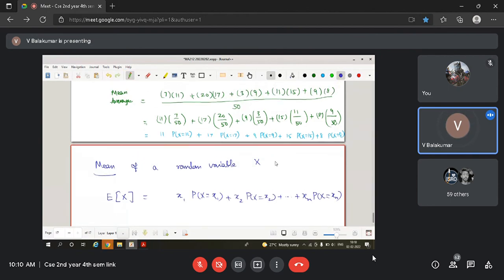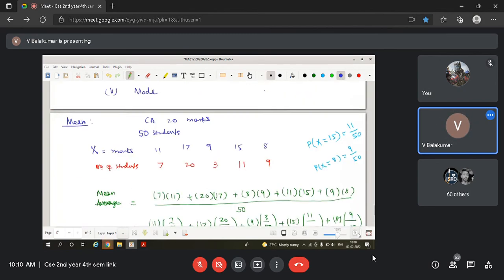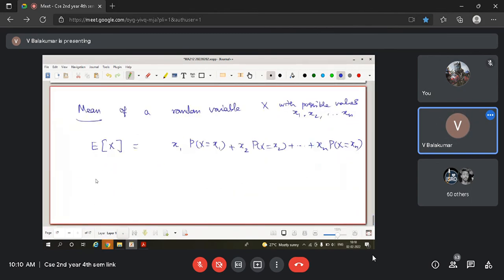The terminology is as usual, with possible values x1, x2, up to xn. Usually we don't write it. There is another name, mu.